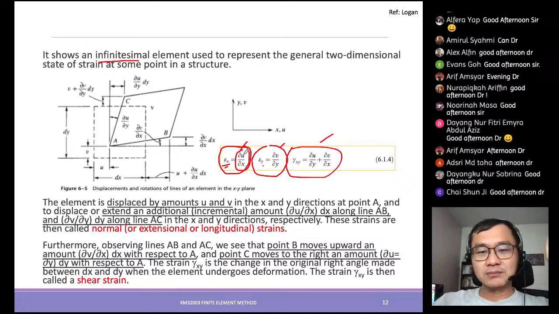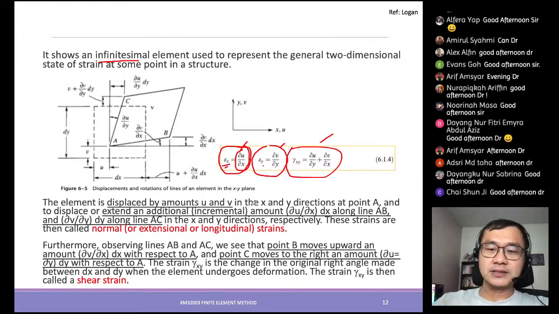Meaning to say, if we are able to solve for the nodal displacement, we are able to get the strain, and based on the strain, we can relate back to the stress of the elements later on.